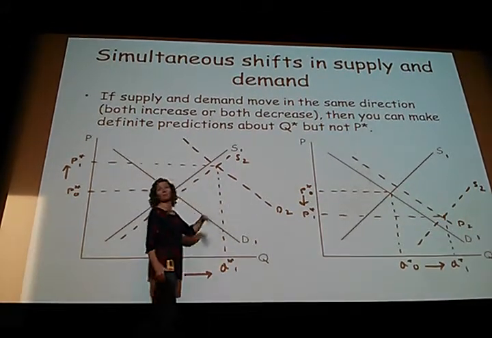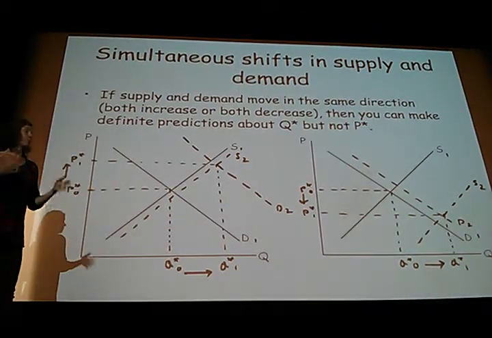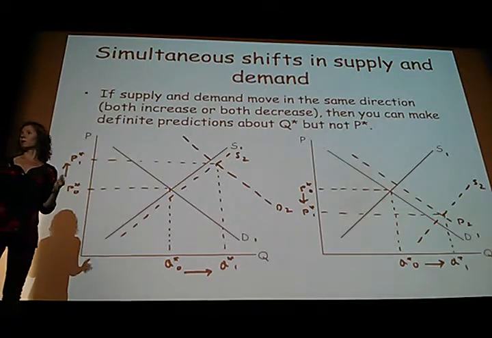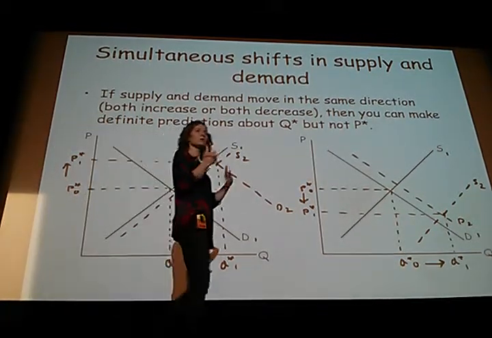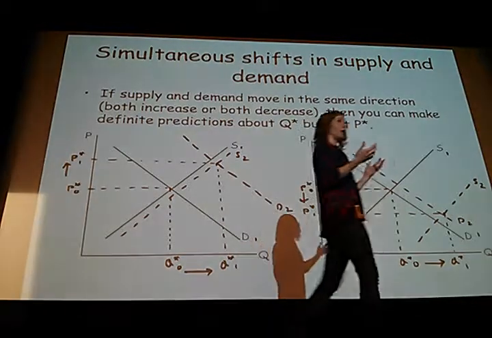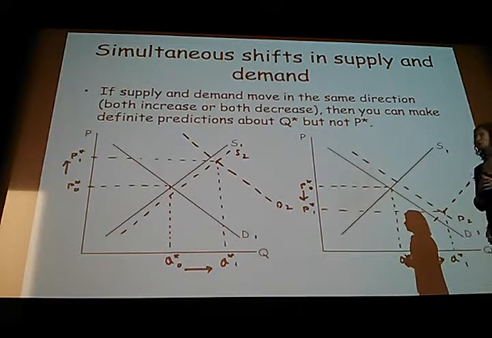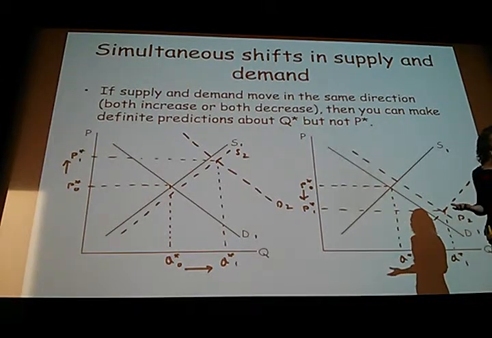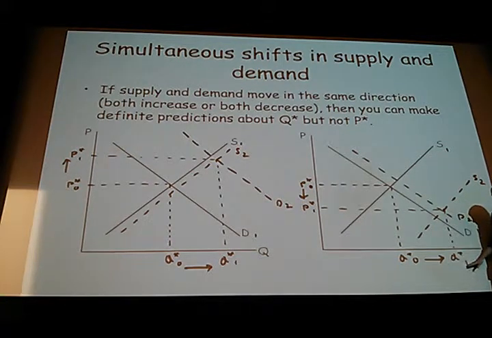If all you know is that supply has increased and demand has increased, you really can't predict what's going to happen to equilibrium price unless you know exactly what these curves look like. But you can be pretty sure that the number of shoes bought and sold in the market is going to increase.